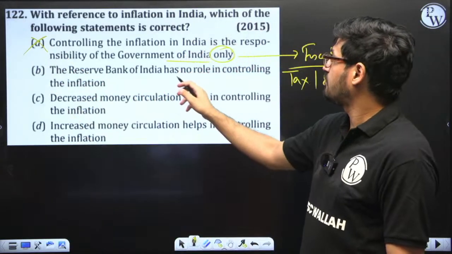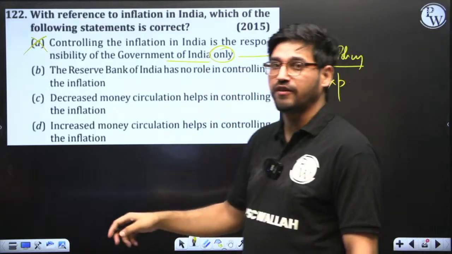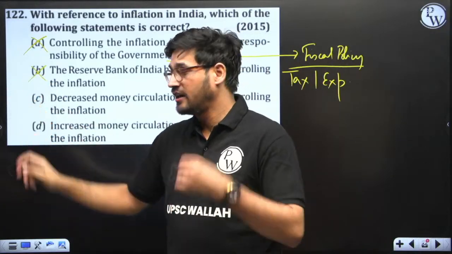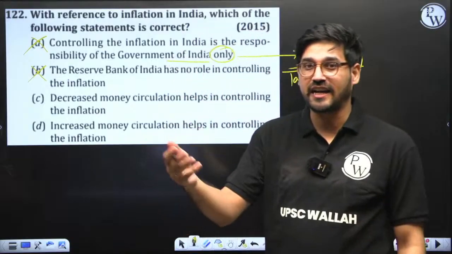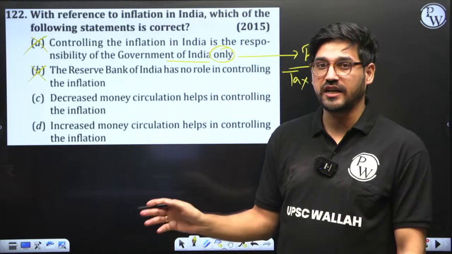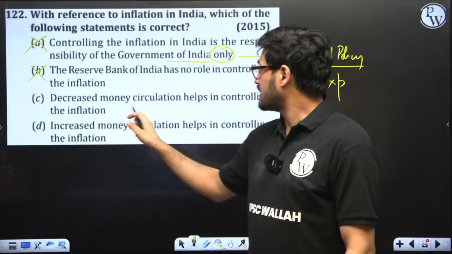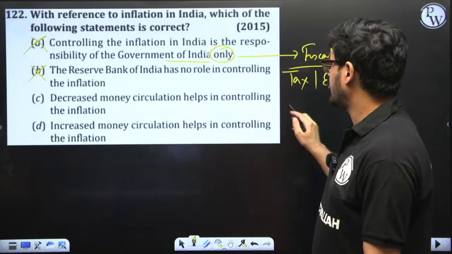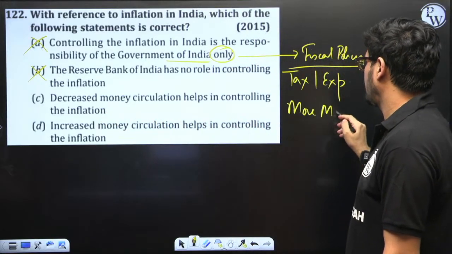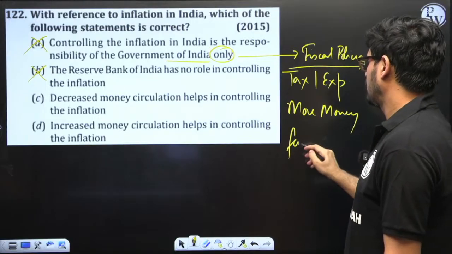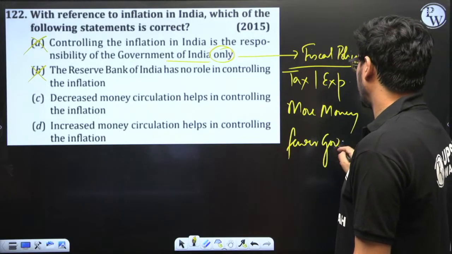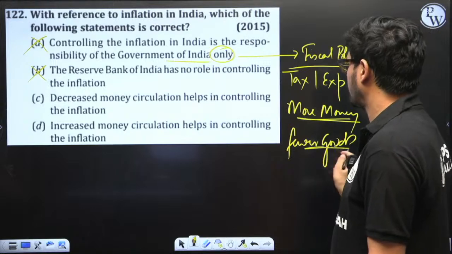B says the Reserve Bank of India has no role in controlling the inflation. Once again, the Reserve Bank of India is going to work with inflation targeting as the monetary policy objective alongside growth. C: Decreased money circulation helps in controlling inflation. Like I said, inflation is very simply more money, fewer goods. So how do you control inflation? You attack this side or you attack this side.